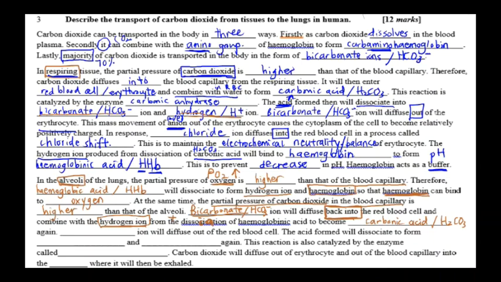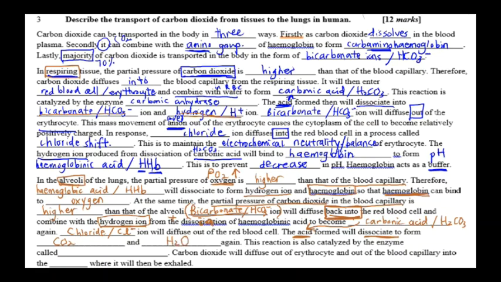And because bicarbonate ions already enter back into the red blood cell, chloride ion will need to diffuse out of the red blood cell so that it can balance the charges inside the red blood cell. The acid form, in this case the carbonic acid, will dissociate to form carbon dioxide as well as water again.